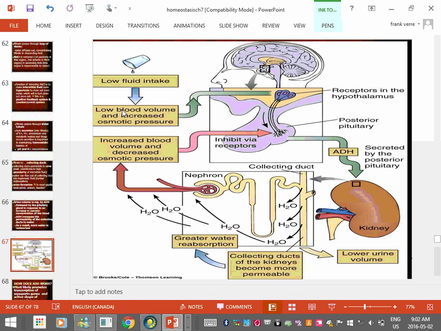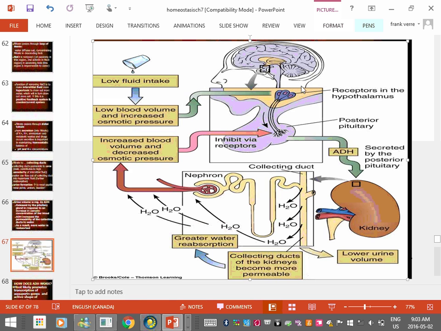concentrated. Here's the problem. If you're dehydrated, the blood is concentrated because you don't have enough water. So what happens is this. The cells that are being fed by the blood vessels will lose water to the blood vessels because the blood vessels are hypertonic to the cells.